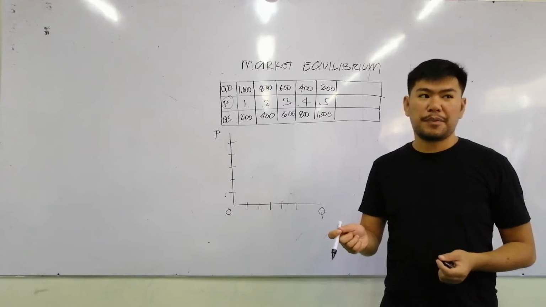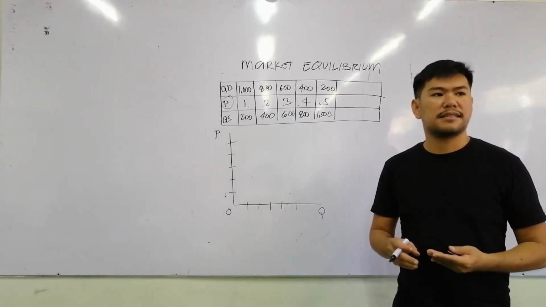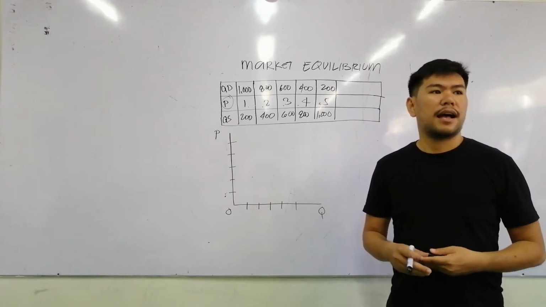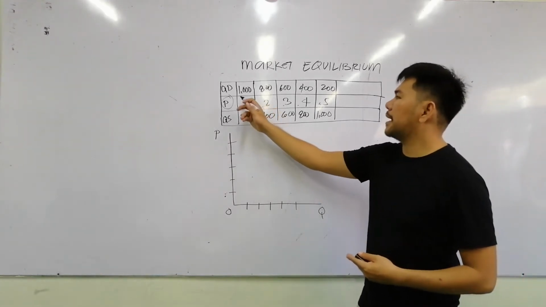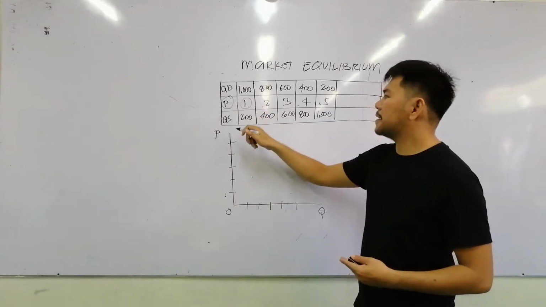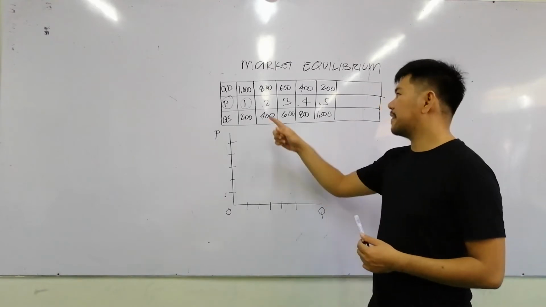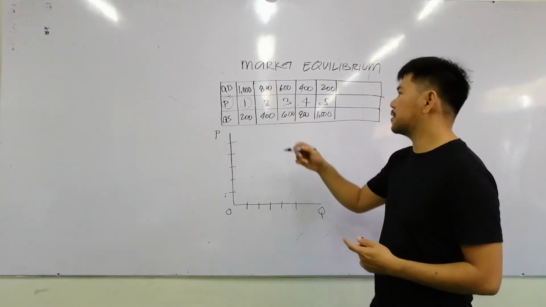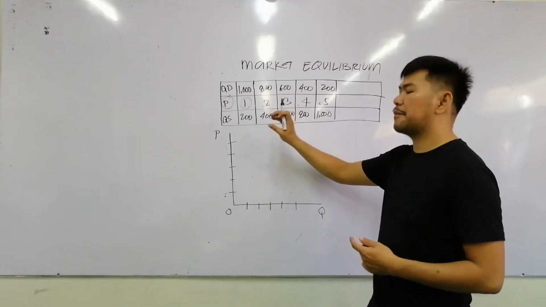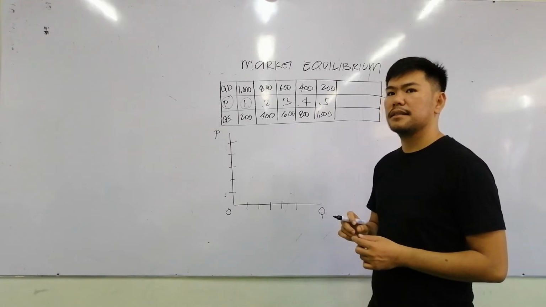To take advantage of the price, they're going to gain more, an increased net profit. But if you look at the quantity demanded, when the price is 1, the quantity demanded is so high. But as the price increases, the demand decreases, by 200 for every peso of price increase.